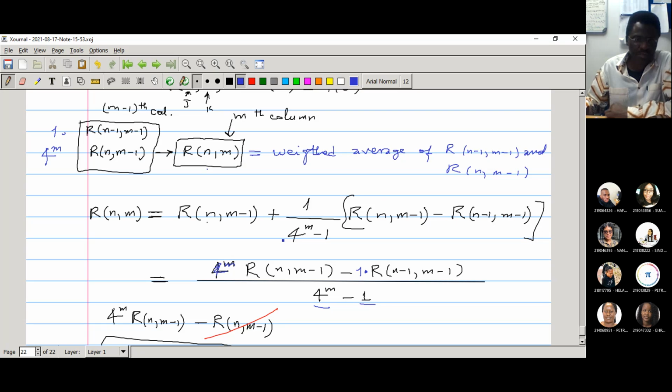When you say weighted average, it means that you divide by the sum of the weights. So when you say weighted average, you take the weights and add them up. Sorry, the weight here is negative 1, negative 1. Right. So I add the weights, which is this one.